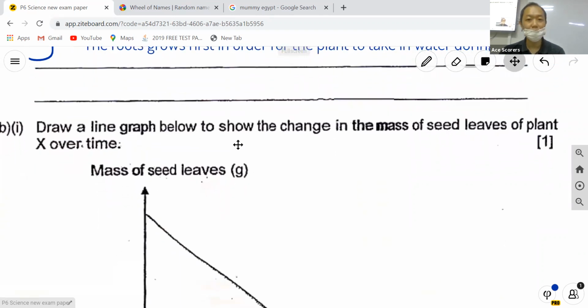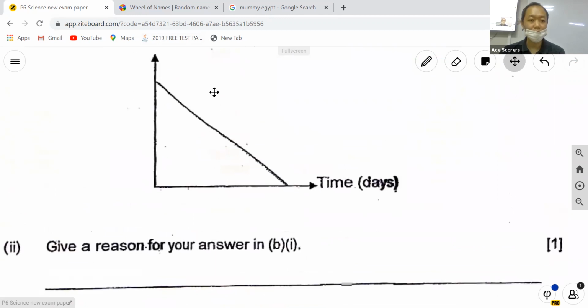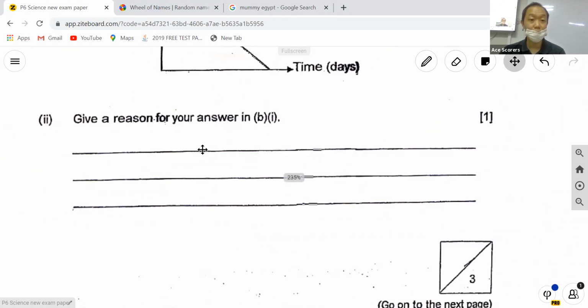Right, ready? Next one. Oh, give a reason. Why is it decreasing as time goes by? Yeah, very good. As the seed grows, as the plant grows, it uses energy.